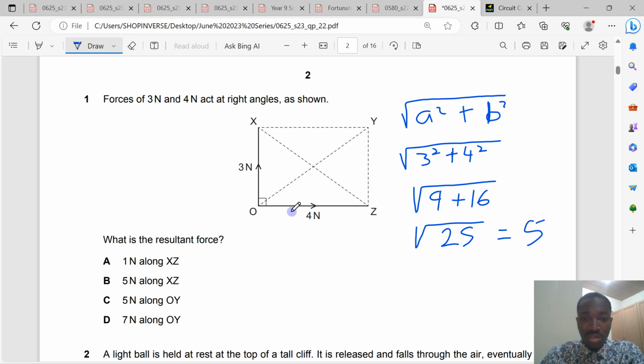So the resultant will be a force in the direction between each of these directions, a 5 Newton force in this direction. That's how you get the resultant of two forces. So what direction is this? 5 Newton along OY. So C is the correct answer to question number 1. So we pick option C.